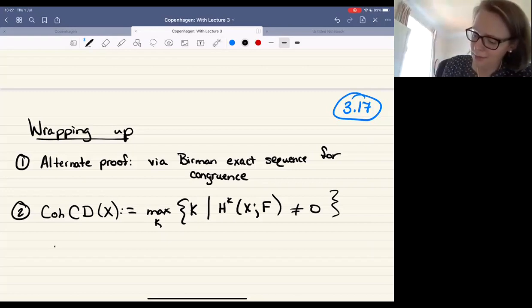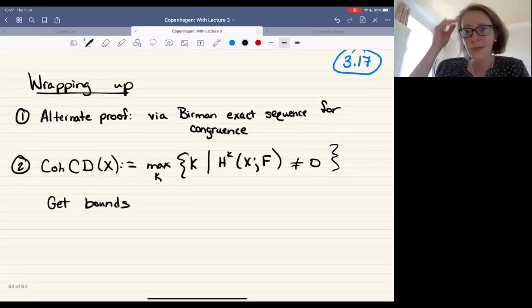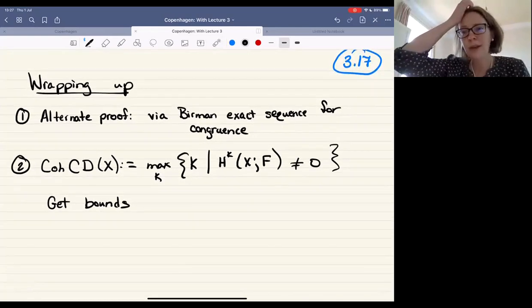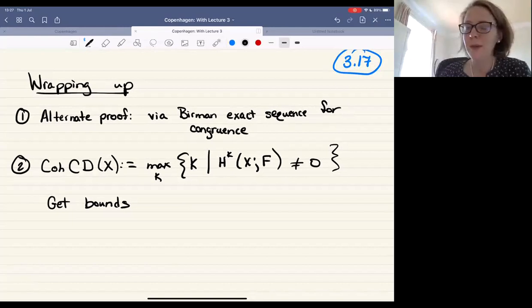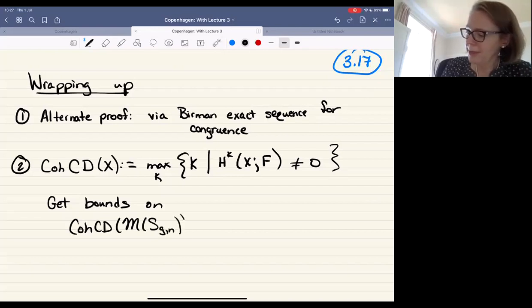I won't write this down exactly just for lack of time, but one corollary that you can get from our work here, and I think this was part of Andy's original motivation for thinking about this, is you get bounds on the coherent cohomological dimension of the moduli space of a surface with marked points.